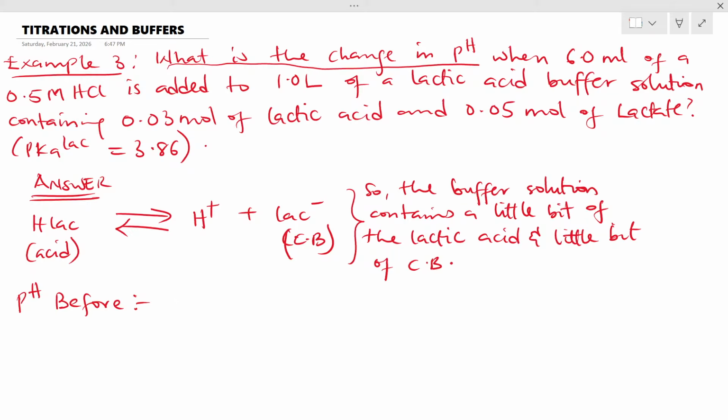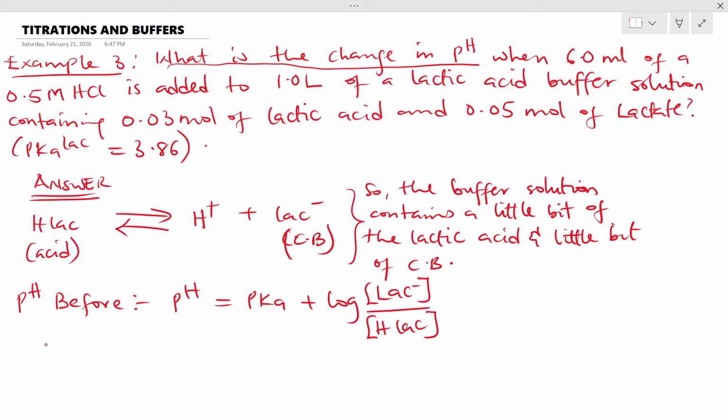Applying the Henderson-Hasselbalch equation, we have pH equals pKa plus log of the concentration of conjugate base, which is your lac minus, over the concentration of acid, which is your H lac, according to the equation.